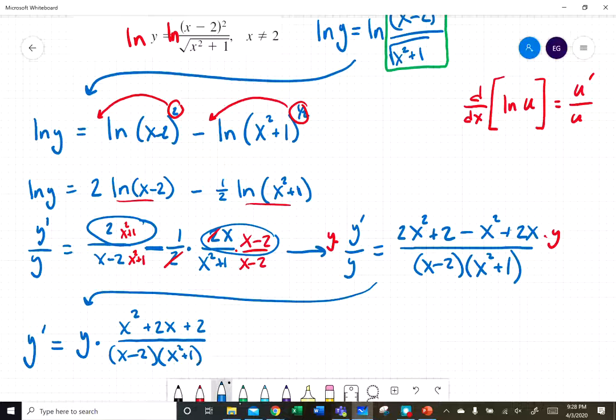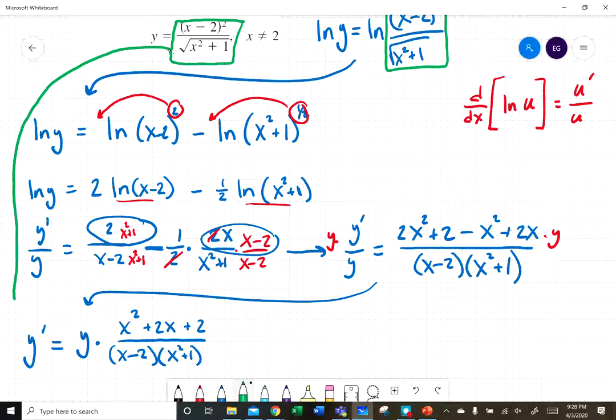All right, so we have to get rid of y, and we have an expression for y. The original problem, y is equal to this. So let's take this original y and bring it down and replace y with this other expression. Y is a function of x.